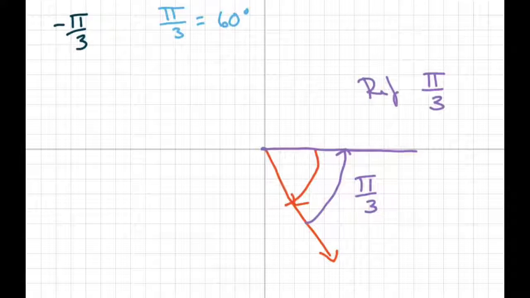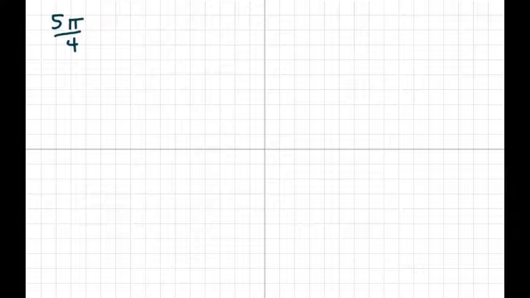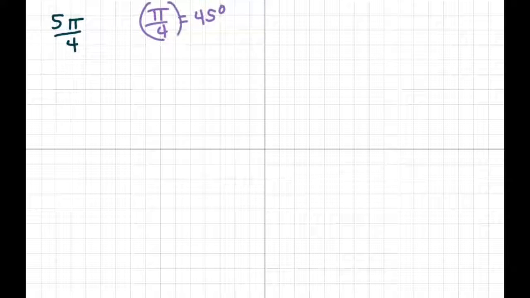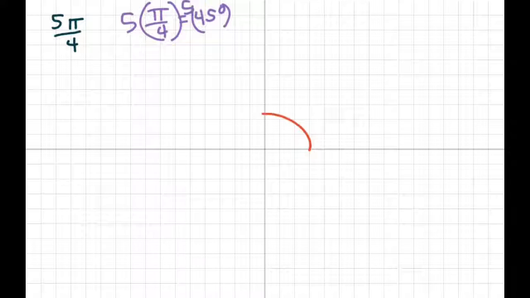All right. Next one is 5 pi over 4. Again, pi over 4 equals 45 degrees, and we just have 5 of them. So this would be 4 of them, and then 1 more. So that would be 5 pi over 4 right in there.